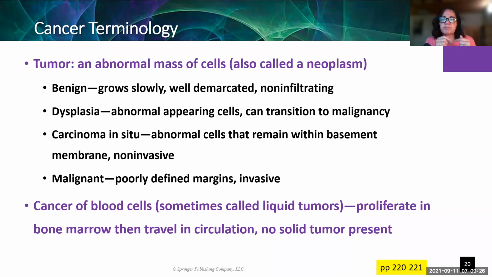They have not reached their little area. In contrast, malignant, again from Latin, mal, meaning bad, the bunch of cells have poorly defined margins, meaning that it's not this nice little round pocket. Now some of those cells are leaking out, pushing out.